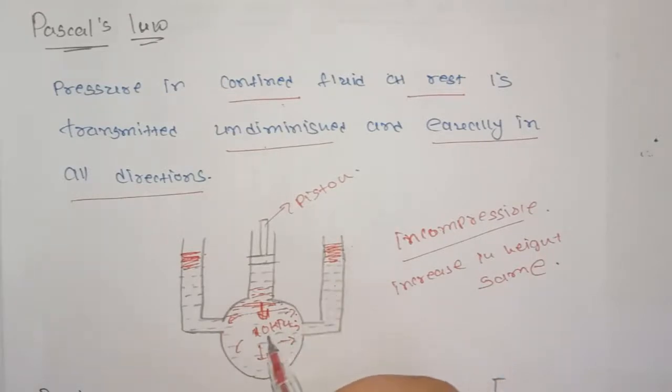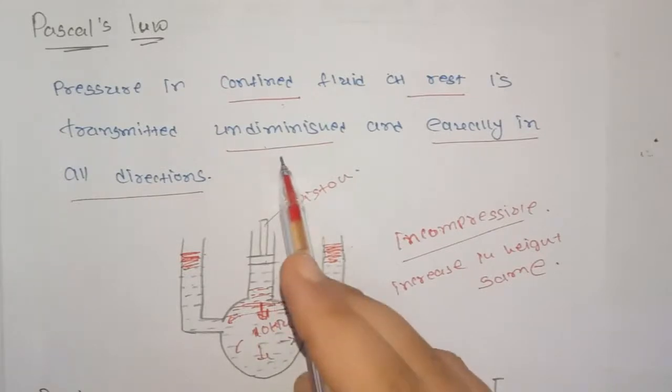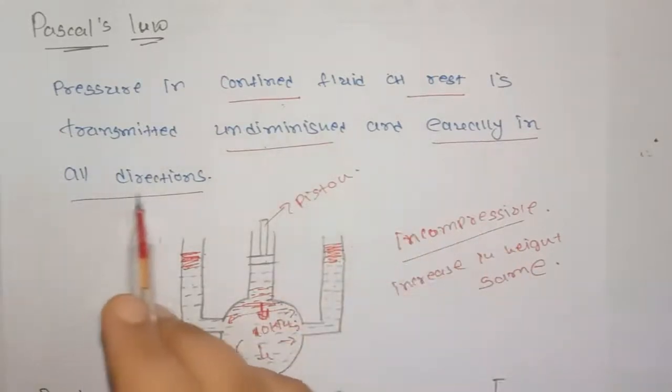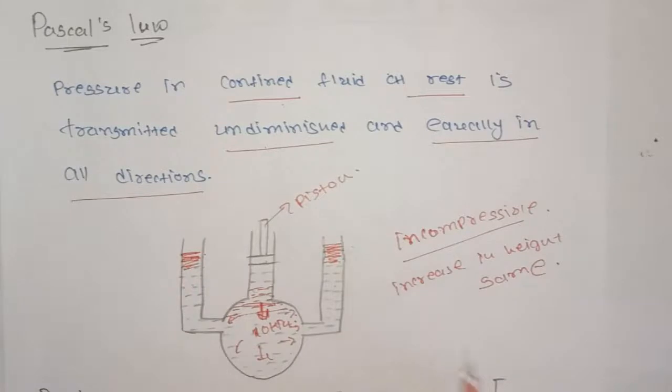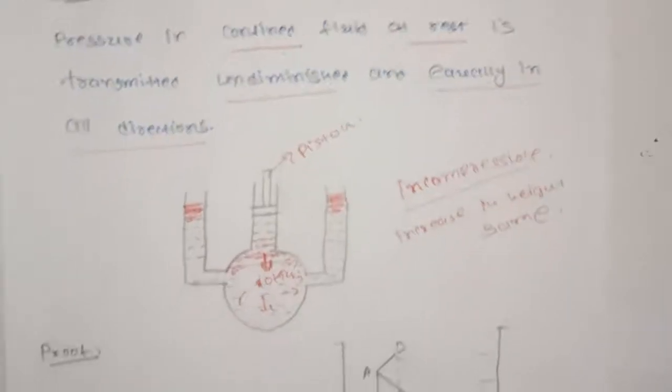It will be transmitted equally, undiminished, and it will be transmitted in all the directions. So pressure applied in confined fluid at rest is transmitted undiminished and equally in all the directions. That is Pascal's law. Let us see how we can prove it mathematically.